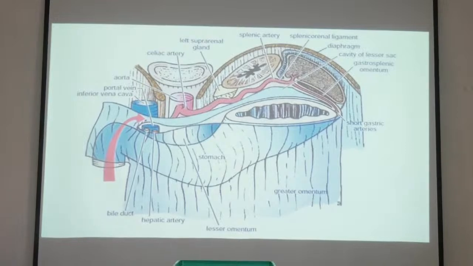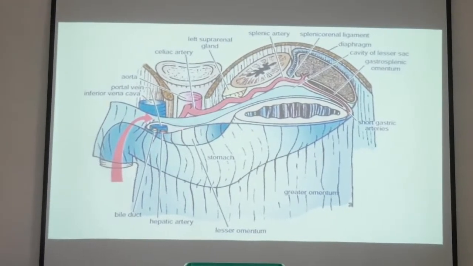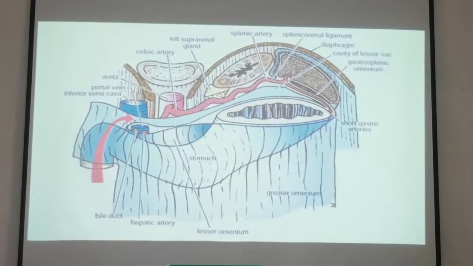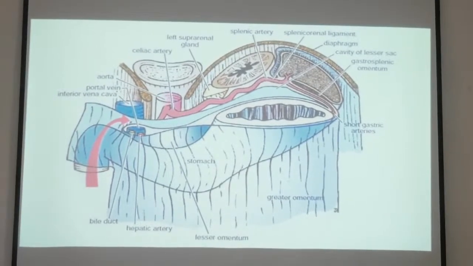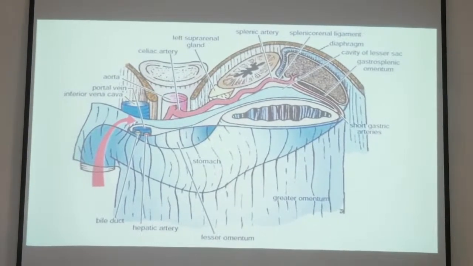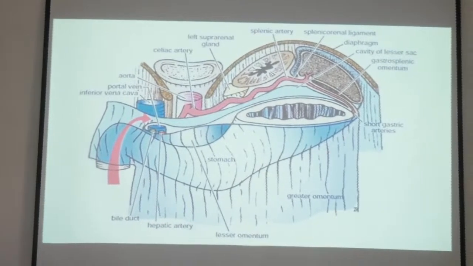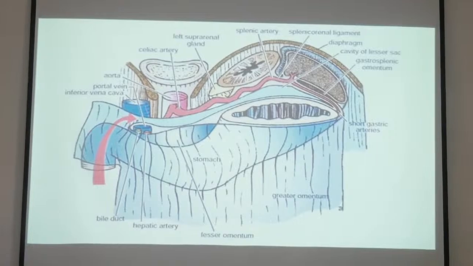You can see the section of portal vein and the bile duct and hepatic artery. And posterior to this opening, here lies the IVC and aorta. Okay, and this is vertebra. And this is greater omentum attached along the greater curvature of stomach, and here lies the lesser omentum attached along the lesser curvature of the stomach. Okay, understood?